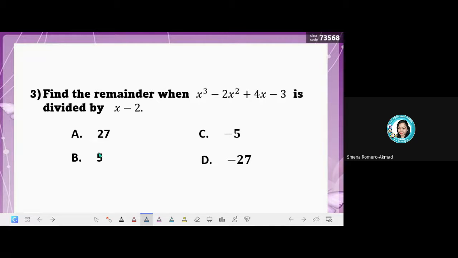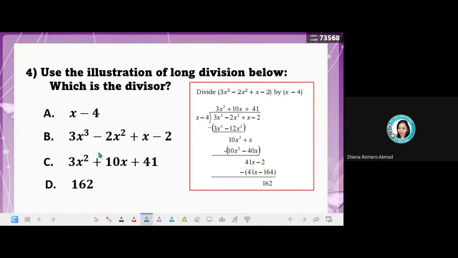O hindi pa natin masasagot yan. Ito naman, number 4, masasagot nyo to. Which is the divisor? So, you look at this illustration. Ang tawag natin dito is the long division. Ito yung gagawin natin at tinuturo ko sa inyo mamaya. So, alin kaya yung divisor?